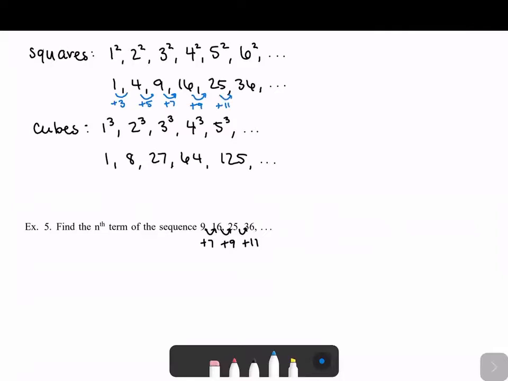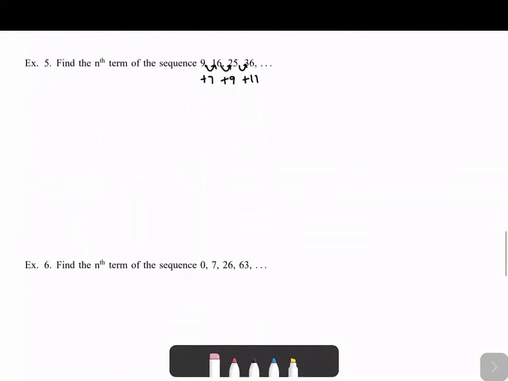So you add 3, 5, 7, 9, 11, 13, 15, 17, and so on to get to the next square. So whenever you're checking if something's an arithmetic sequence and you come across a pattern like this, where you add increasing odd numbers, you may be alerted to the fact that it's a sequence of squares. But regardless, it's not arithmetic. You can tell that it's not geometric just because there's no whole number, no constant ratio you can multiply to get between these numbers.